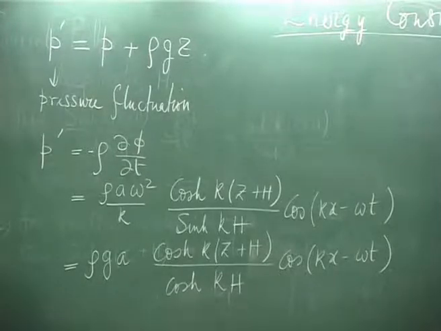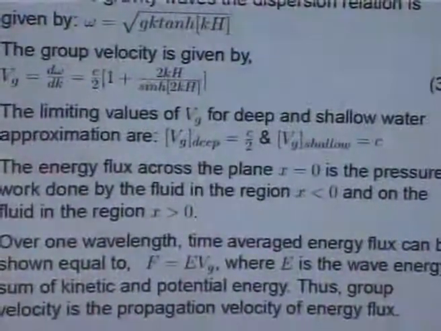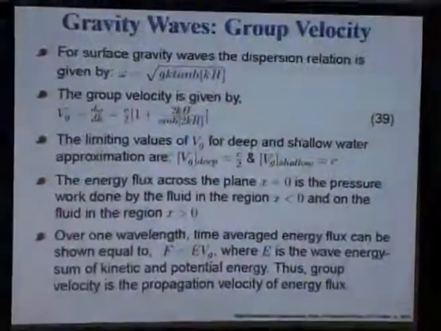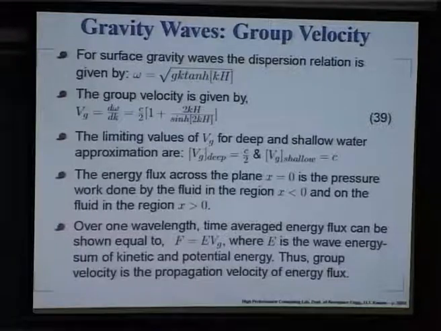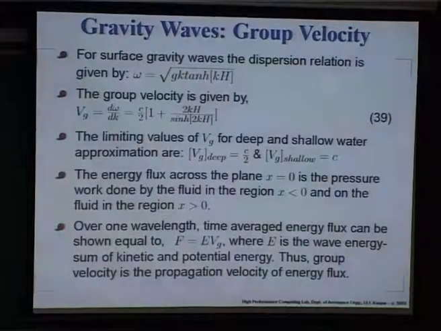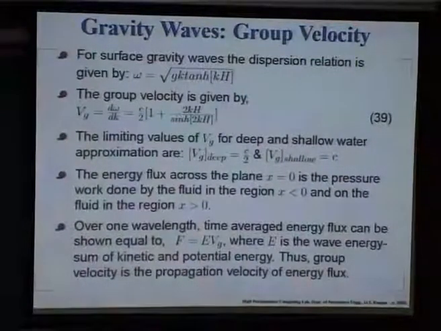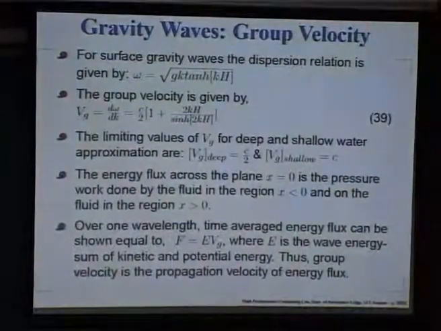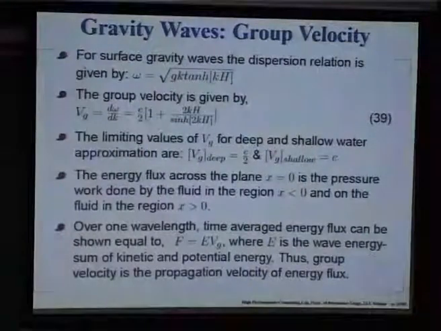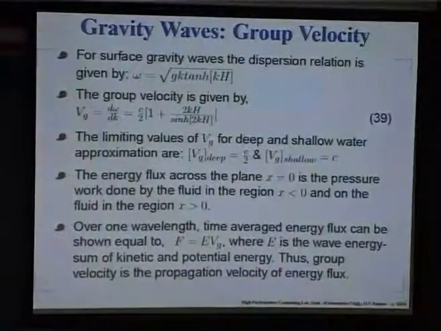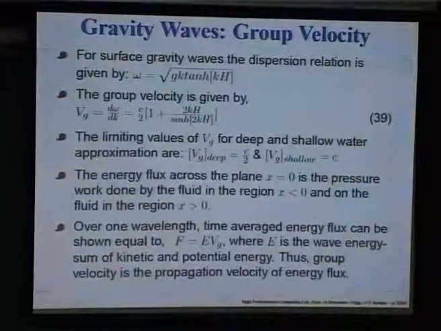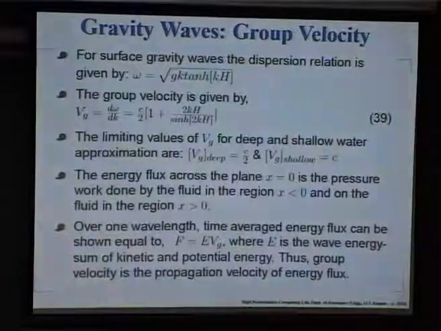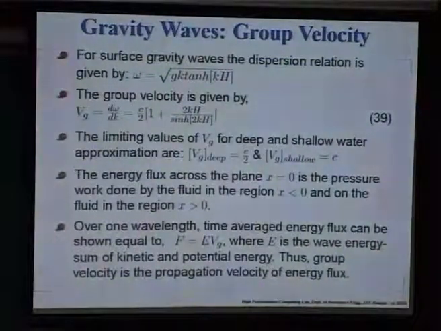Now, we did talk about this energy flux, and I think a deeper appreciation of that last bullet would be in order for us to appreciate the true role of group velocity. This has unfortunately been lost, not only in the appreciation of the physics of the problem, but also in computation, where it plays a major role, and that is what we are going to see as we go along.